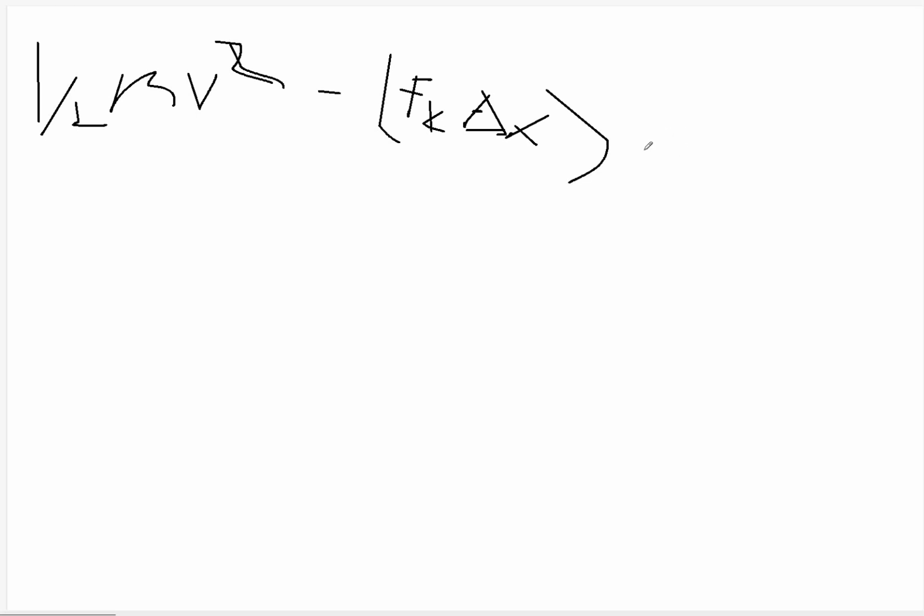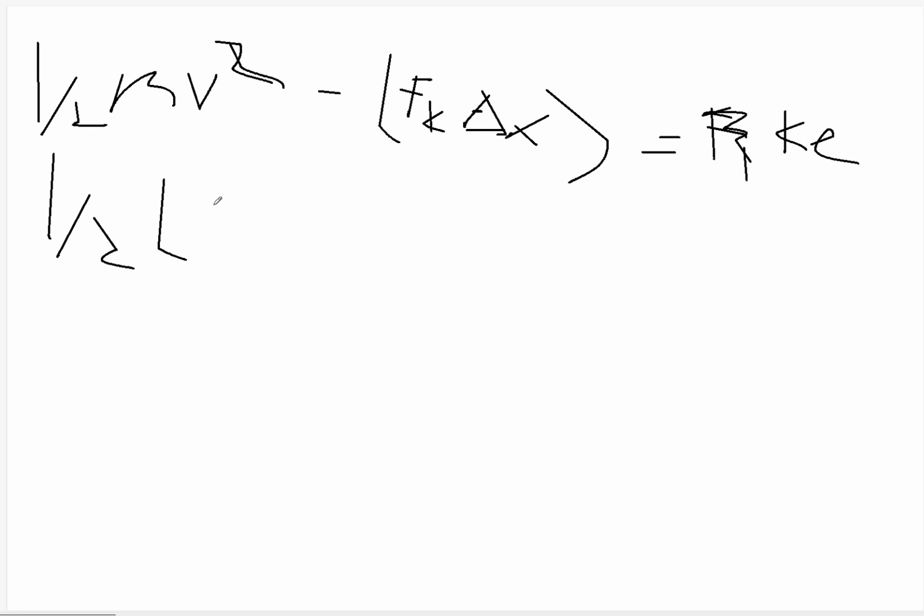In part E, I was using, wait, let me write it out. 1/2 mv squared minus the work of friction, which is Fk times delta x, is equal to the kinetic energy at the end. But I realized that I was using the velocity of the dart, not the velocity of the dart block system for part G. So let me just do all the algebra over again.